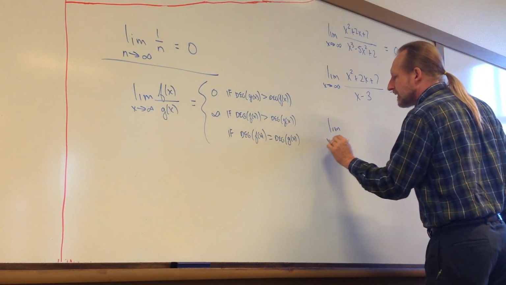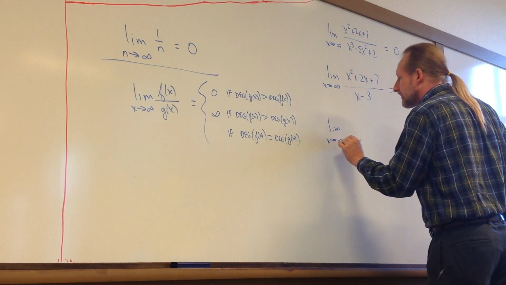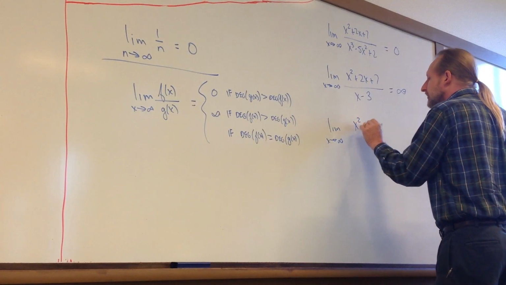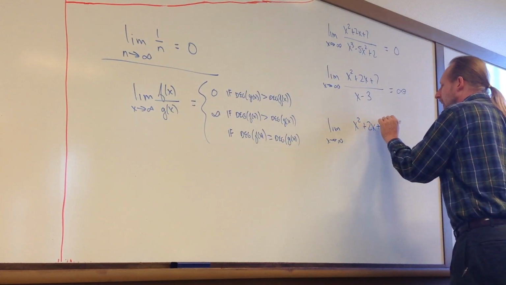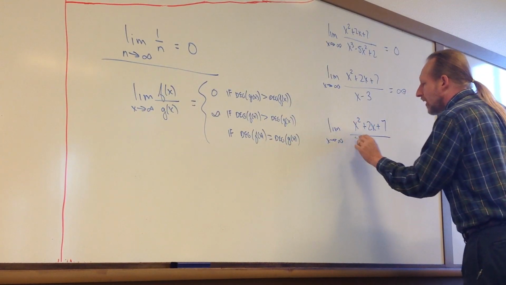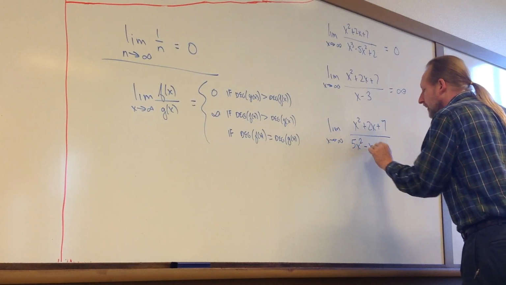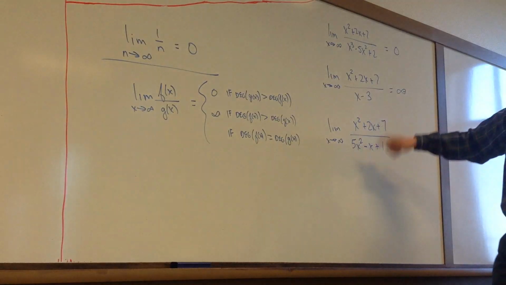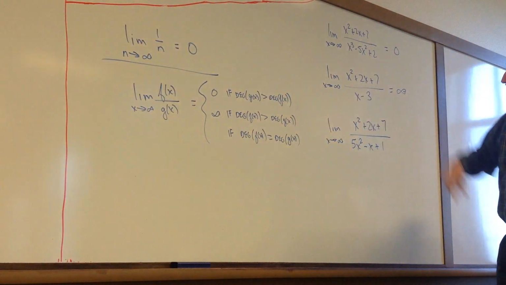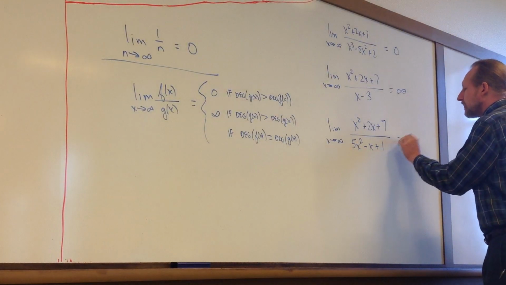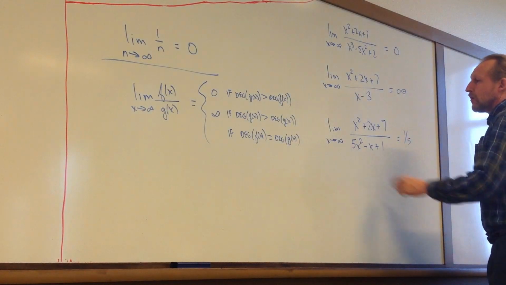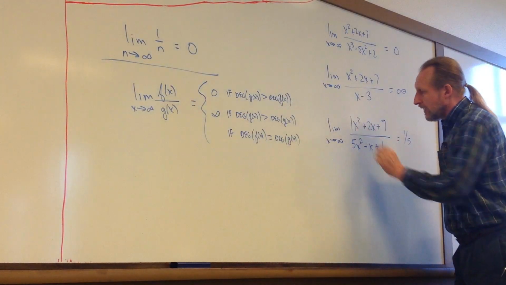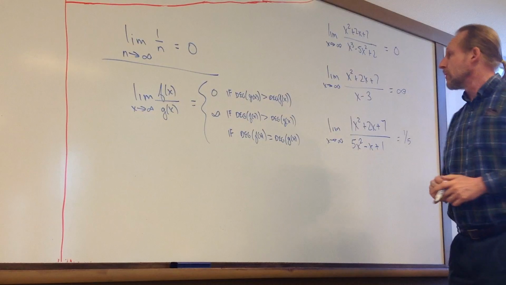In the last example here, I'll keep the numerator the same. And then in the denominator, I'll have 5x squared minus x plus 1. So here the powers of the x's, or the degree of the polynomials, is the same. And so our limit here is the ratio of the coefficients 1x squared to 5x squared.